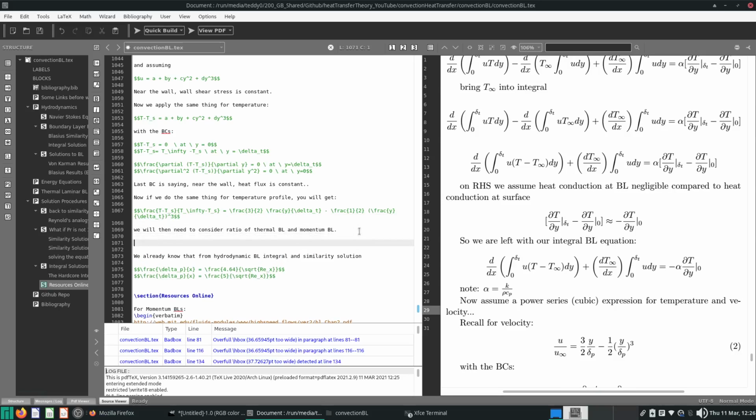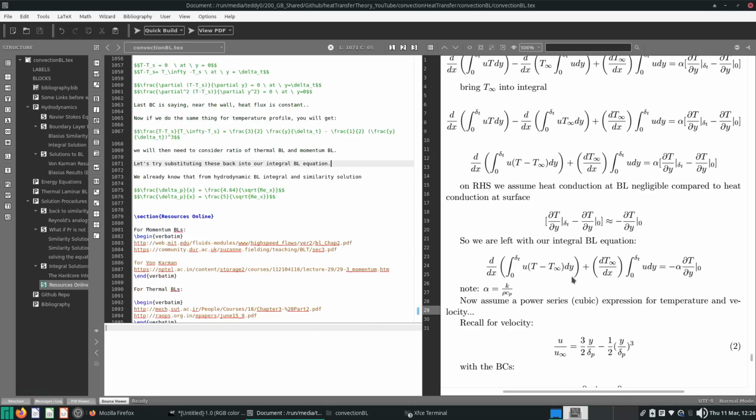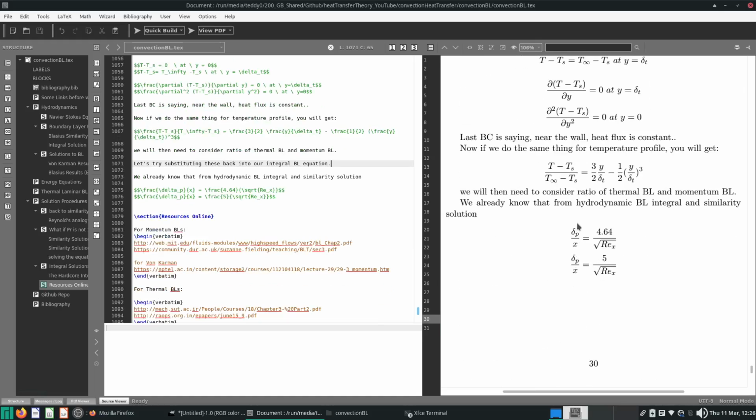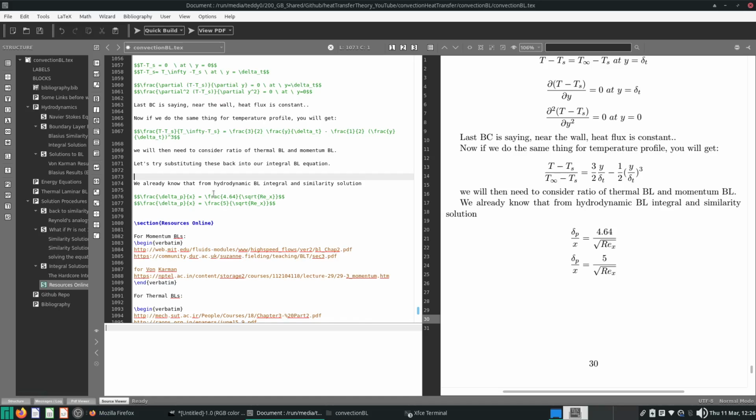So let's try substituting these back into our integral boundary layer equation. Of course, if need be, we know our delta p, which is the momentum boundary layer over x, equals this following expression based on our hydrodynamic boundary layer.